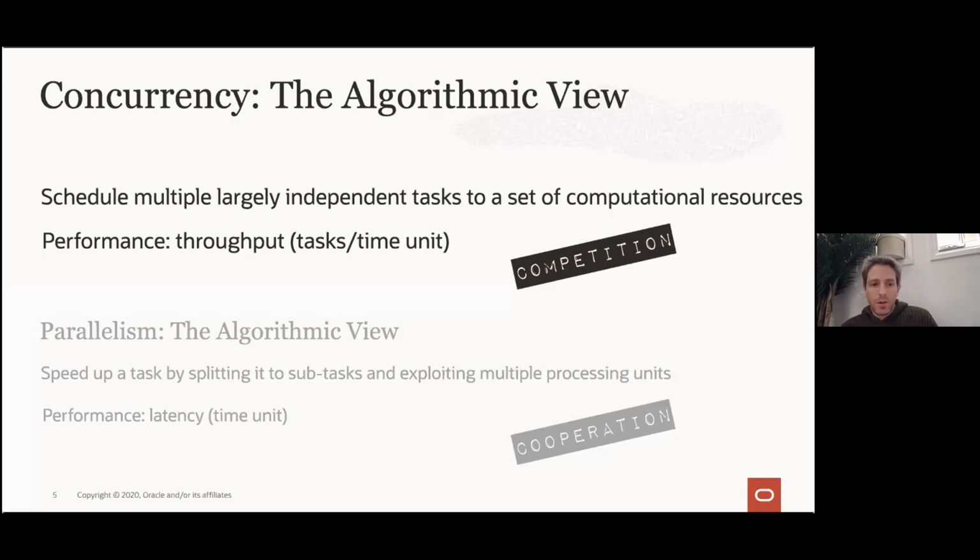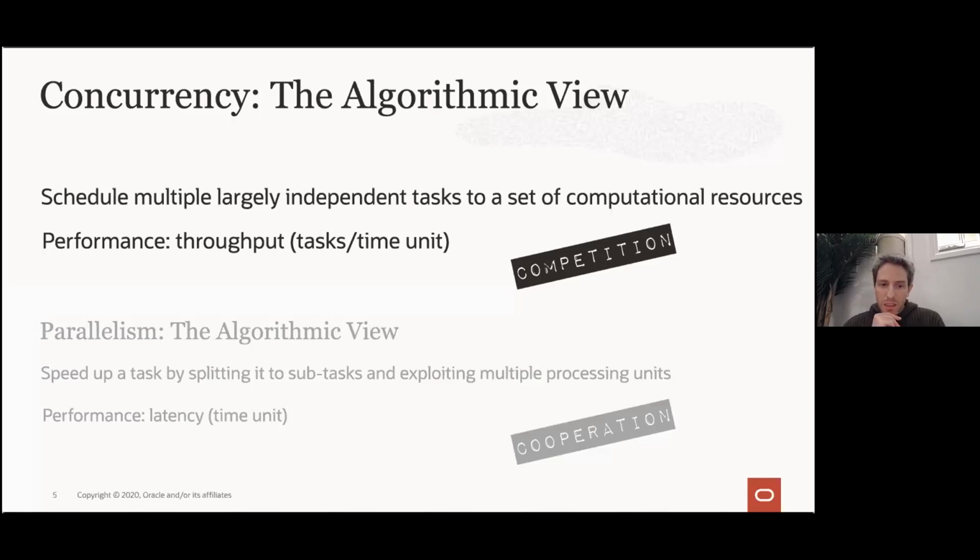Now, it's helpful to contrast concurrency with the algorithmic problem of parallelism, where we have just one task, and we want to make the latency of performing it shorter, by splitting it into cooperating subtasks so that we can exploit multiple processing units.